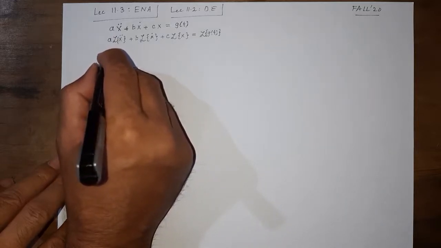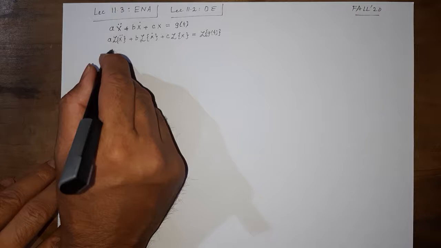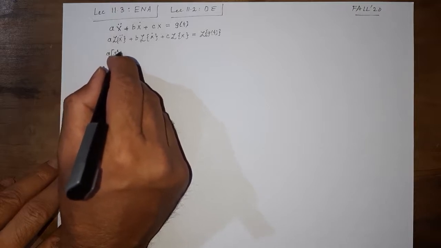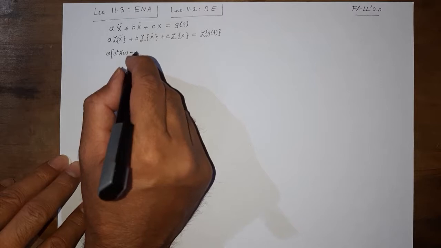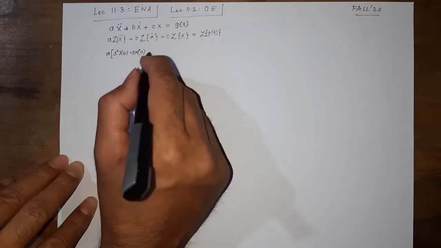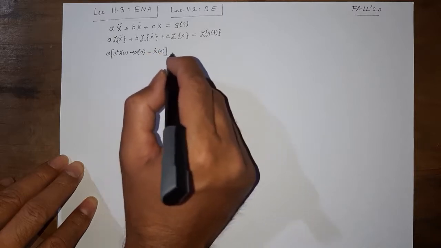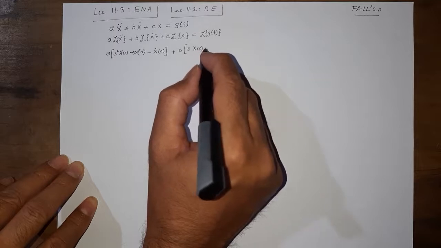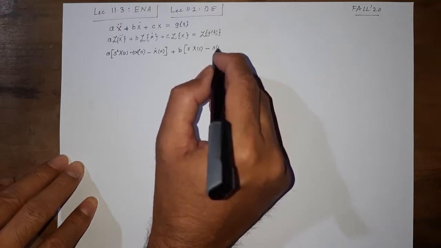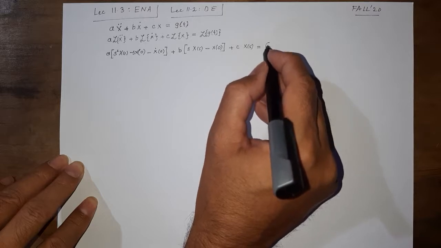We have just found that this would be a s square x of s minus the value of the function x of t at 0 with an s minus the value of the first derivative of x at 0, plus b s x of s minus x of 0, plus c x of s is equal to g of s.